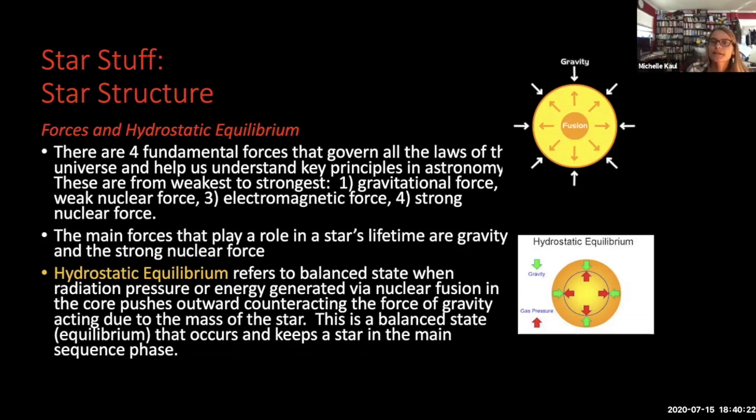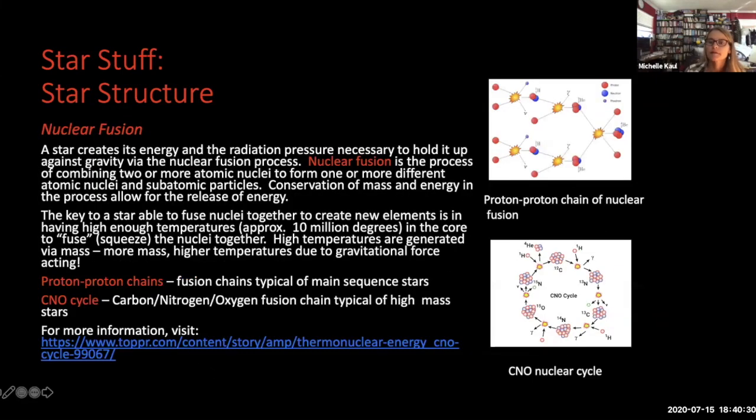So these terms come up, and it's good to have a good idea how they play a role in stellar evolution. Okay, so we talked about nuclear fusion before, but again, it's the process of combining two or more atomic nuclei to form one or more different atomic nuclei. Conservation of mass and energy play a significant role in this process.